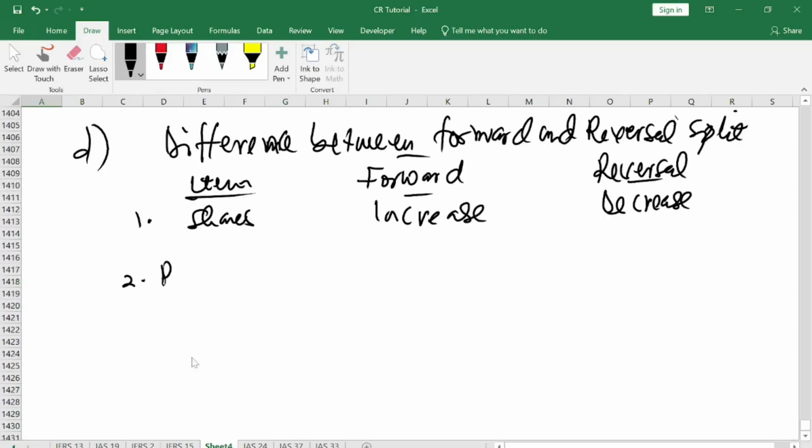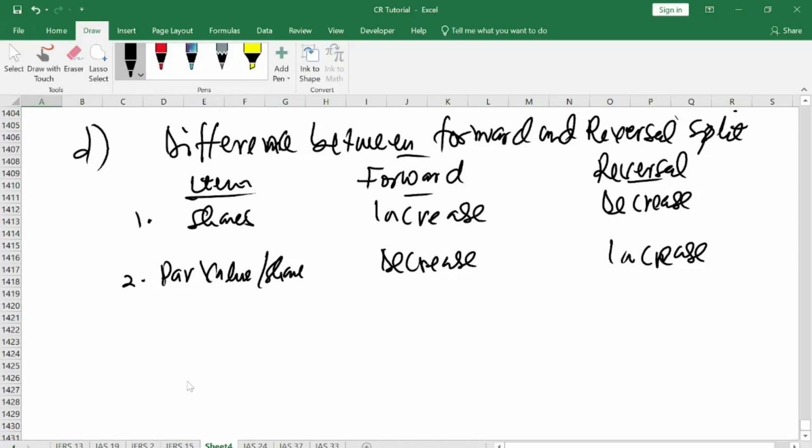Two, value per share. What this means is the unit price per share. When we are doing splits, I told you that the value of the share will decrease, and here it will increase. How is that?